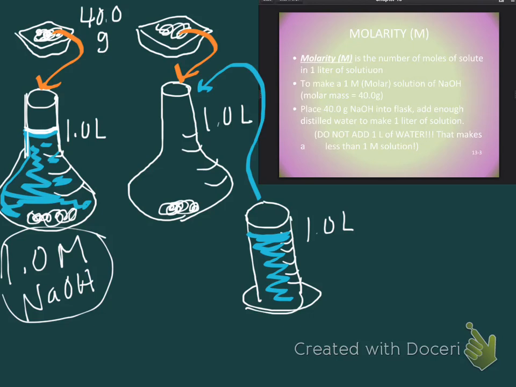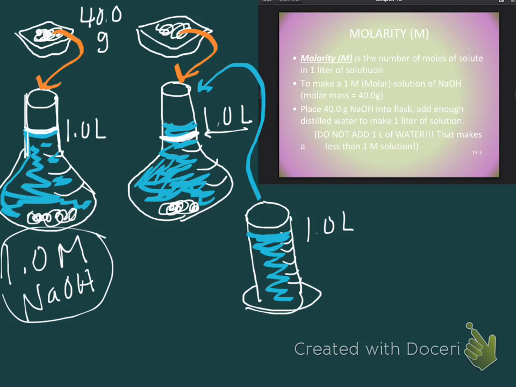And guess where my water line is going to end up? It's going to end up above the 1 liter mark. So what I have here is 1 mole of sodium hydroxide in more than 1 liter of solution.